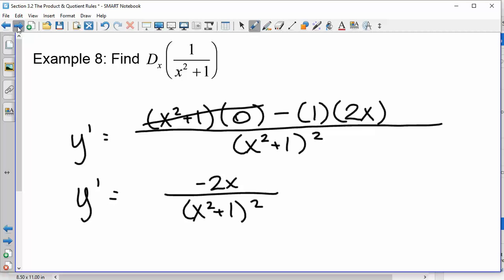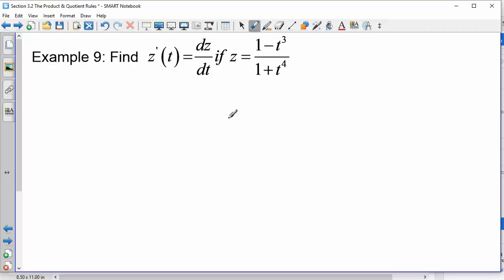Take a second and try the next one. So I want z prime here.